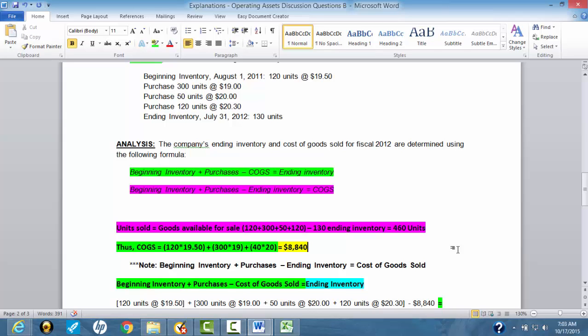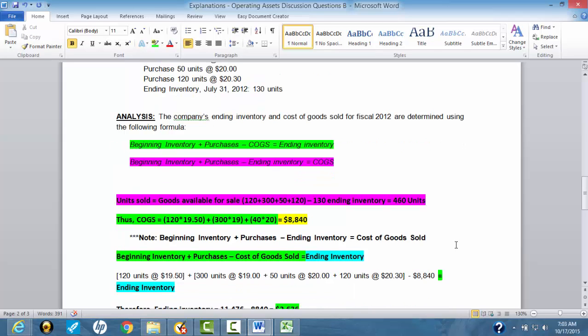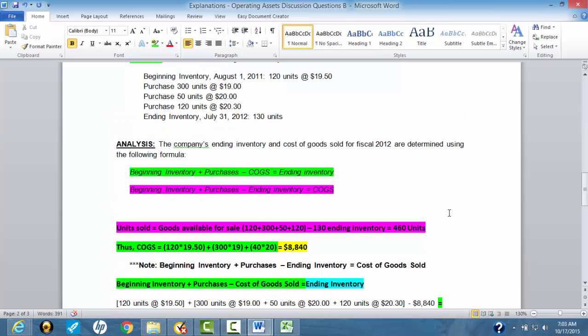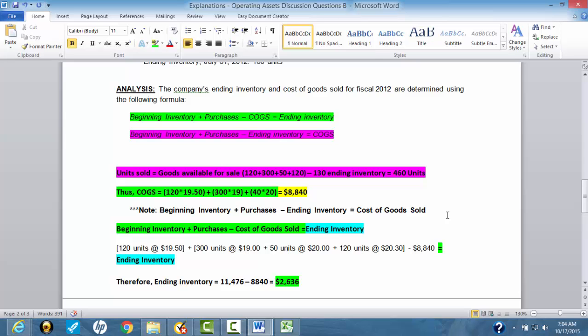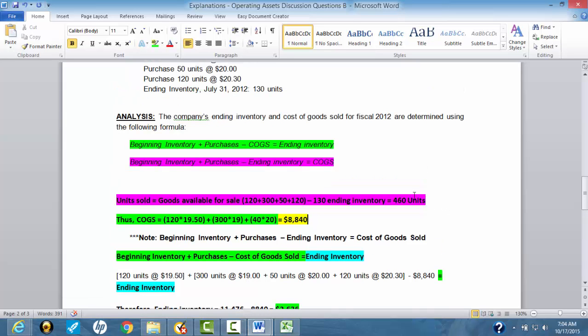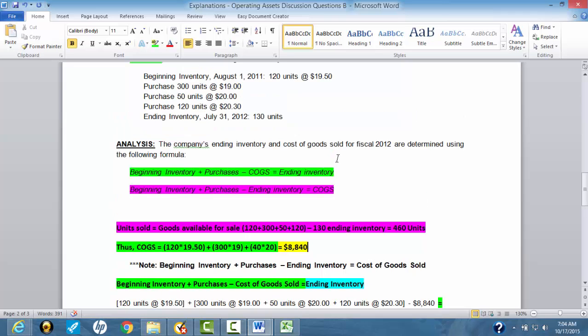With this information, we can determine our cost of goods sold and our ending inventory under FIFO, first in, first out. Now, how do we come up with the ending inventory? 130 units remain in ending inventory.